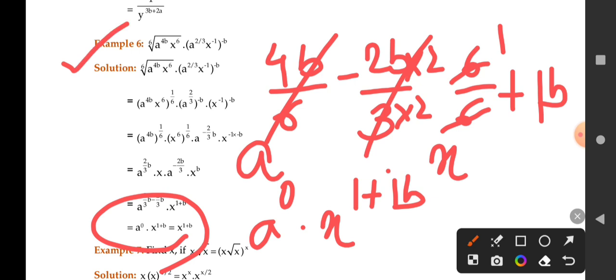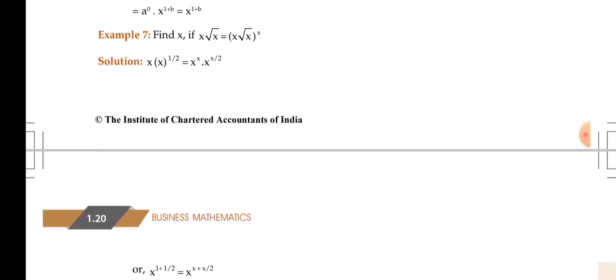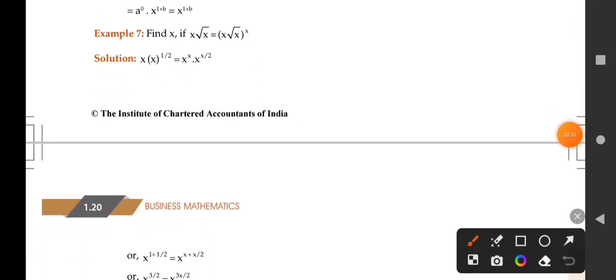Okay, correct. Example number 7. So if the base is equal on both sides of the equation, then the power is also equal. This is another normal rule, right? Simple as that. So you have to find x.